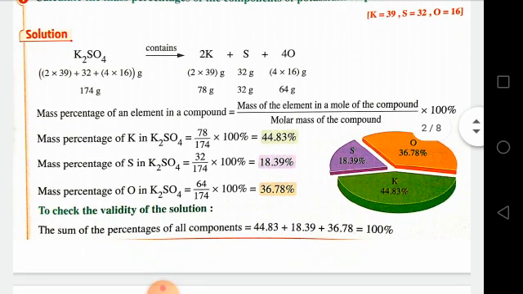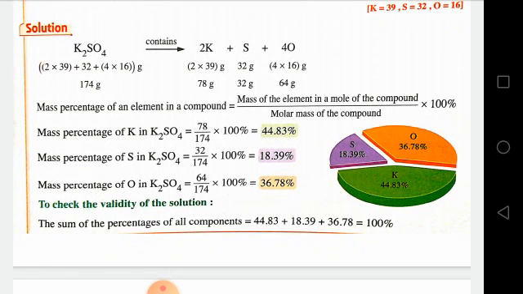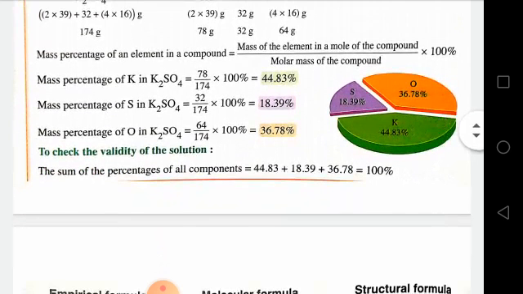Divide the mass of sulfur in this chemical formula by the molar mass of the compound, multiplied by 100, and calculate its percentage. Again, repeat this step for oxygen. To be sure that your calculations are correct, the total summation of the percentages of all elements will equal 100%.